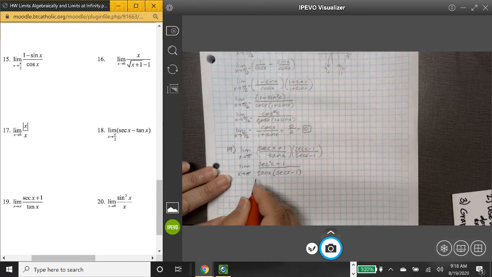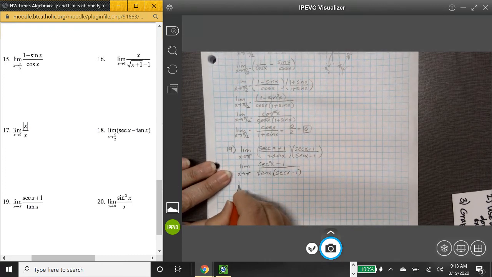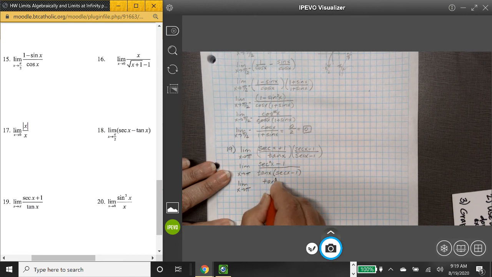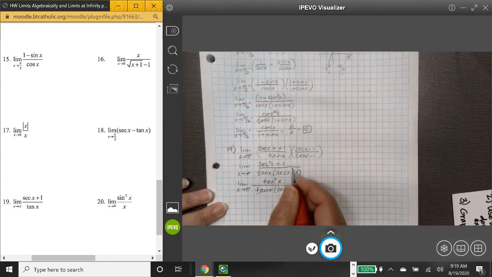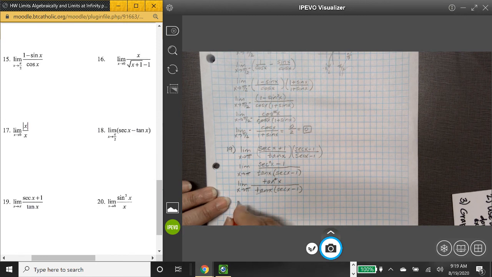And secant squared x minus 1, believe it or not, is one of the Pythagorean identities, and that equals tangent squared x. And we get tan x, and then secant x minus 1. I can eliminate the tangent in the denominator by canceling it with one of them in the numerator, and I'm left with the tangent on top.